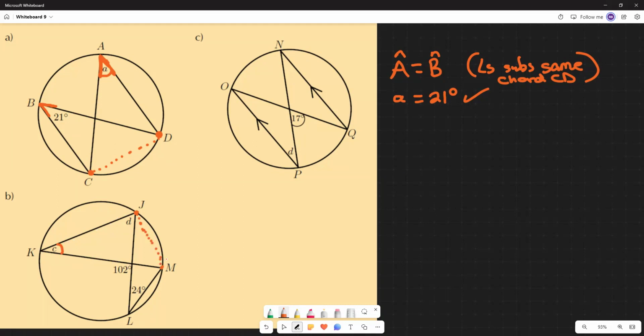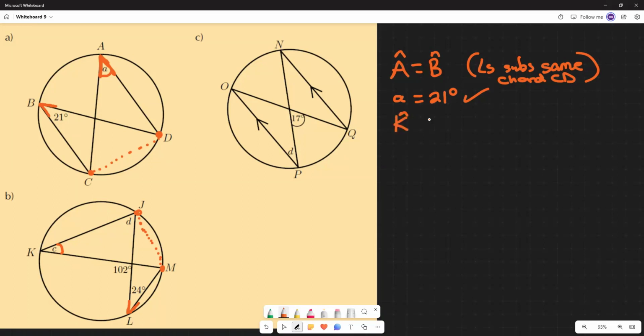We are going to look for other angles on the circumference that also come from JM. This is J, so there's a line from point J which goes up until the circumference, so it stops there. There's a line from M, which goes there. So we can conclude that angle K and L are equal.